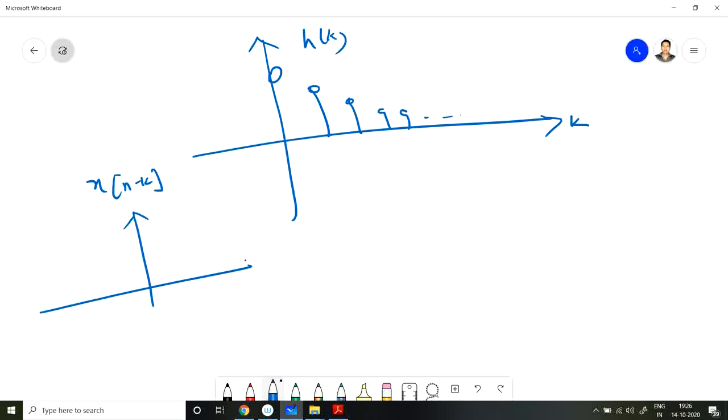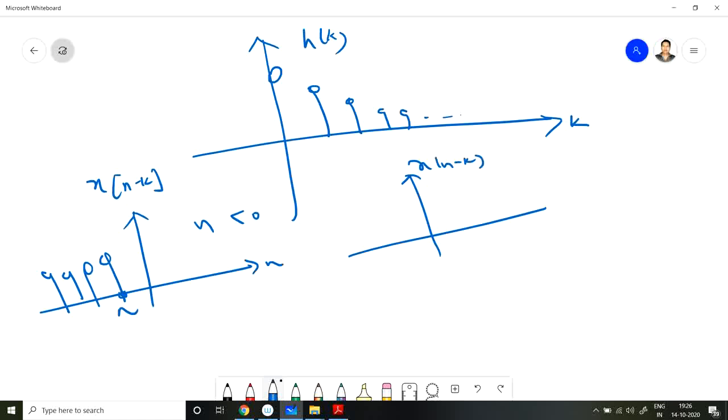This is x[n minus k] for n less than 0, and we have x[n minus k] when n is greater than 0.